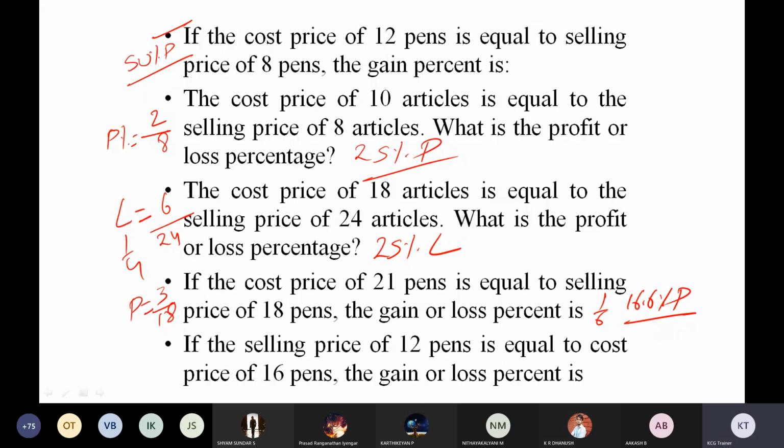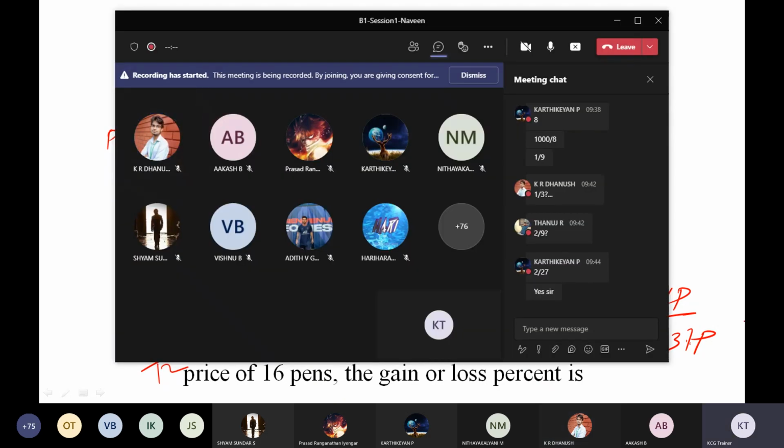Profit. So profit percentage. What is the difference? 4. Now tell me what will come in denominator, 12 or 16? 12. 4 by 12, 1 by 3. 33.3% profit. All of you understood the first concept logically or not? Yes, sir. Everyone clear with the first concept, guys?